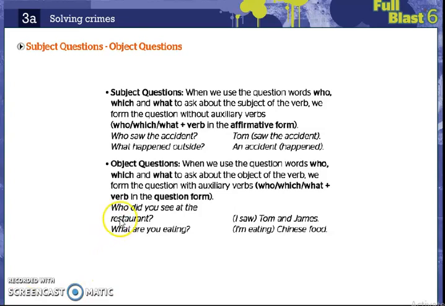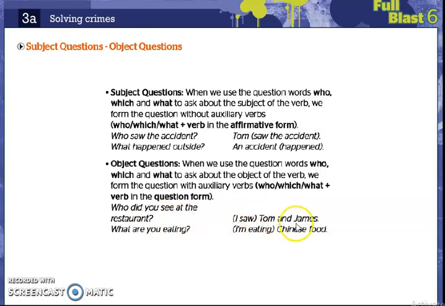For example, who did you see at the restaurant? We used the auxiliary verb did because we ask about the object in the past.